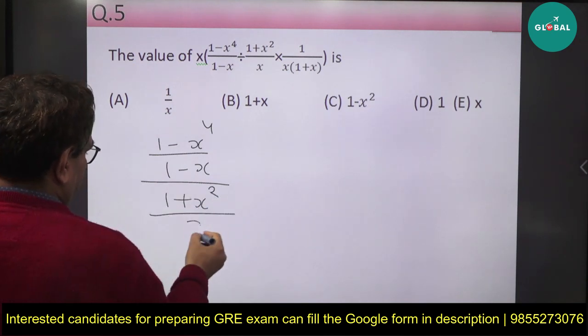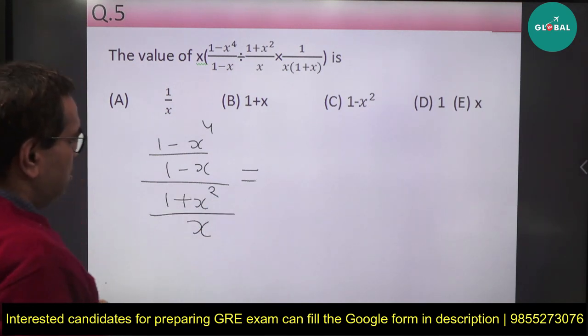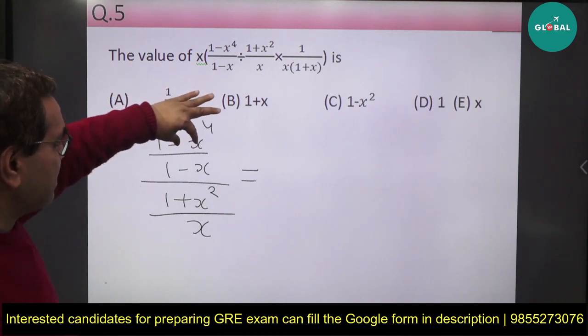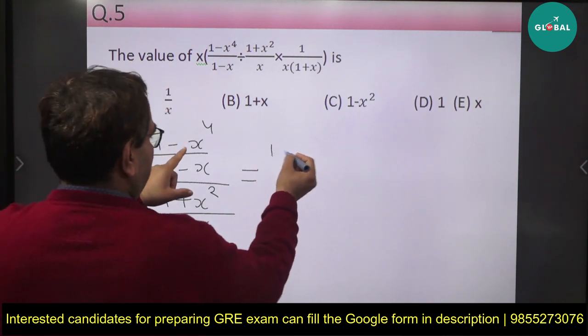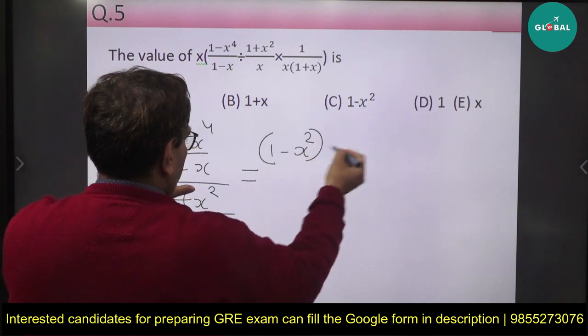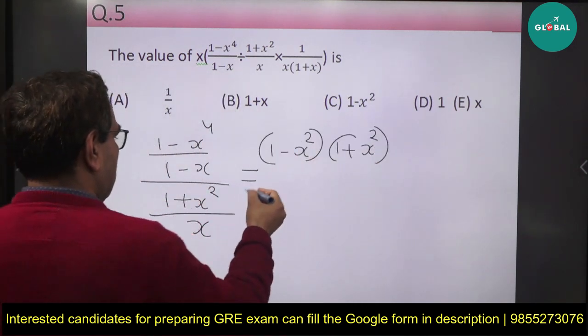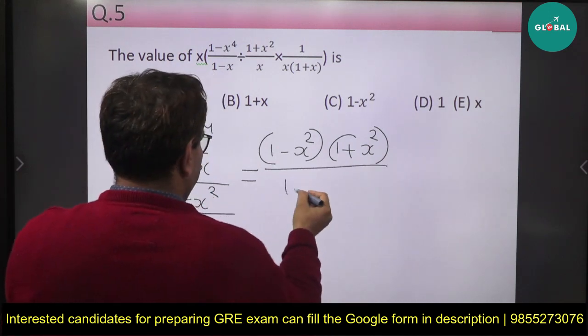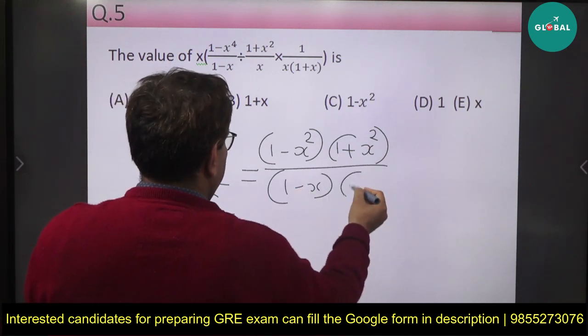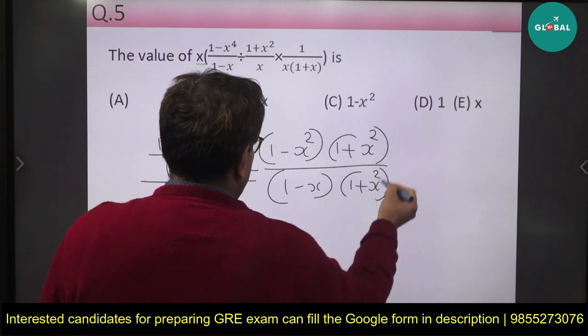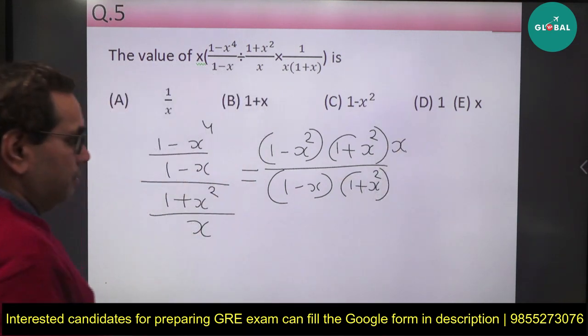square upon x, which is equal to, now this 1 minus x to the power 4 can be written as 1 minus x square into 1 plus x square, upon this 1 minus x into 1 plus x square, and this x will go in the numerator.